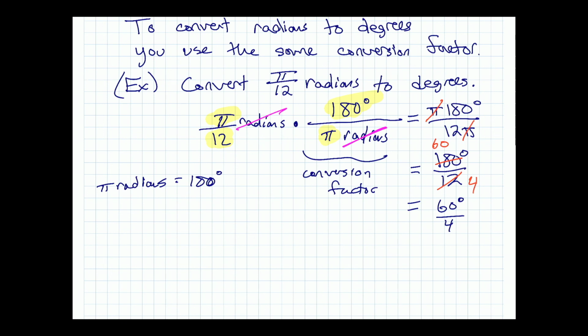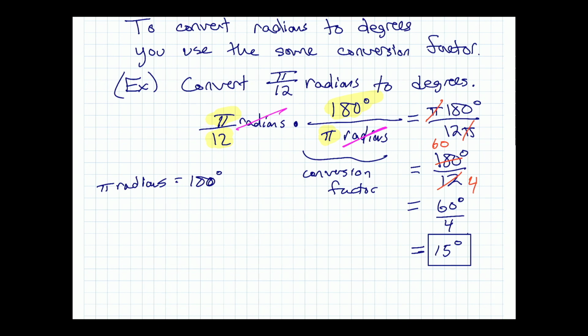And from there, I'm pretty sure that 60 over 4 is 15. Does that sound right? Hopefully, yeah. 15 and 15 is 30. Double 30 is 60. All right, so that's right. 15 degrees. Okay, so you use that conversion factor exactly the same way.